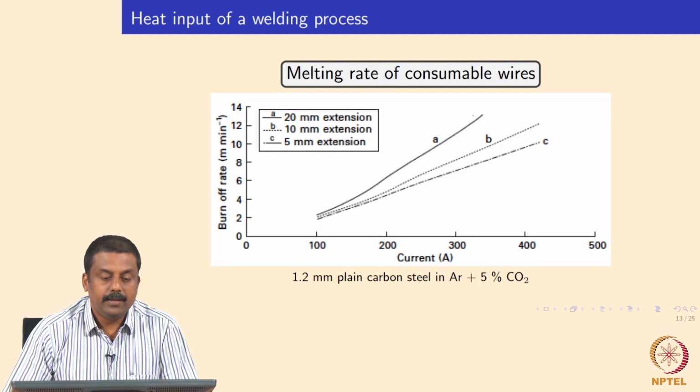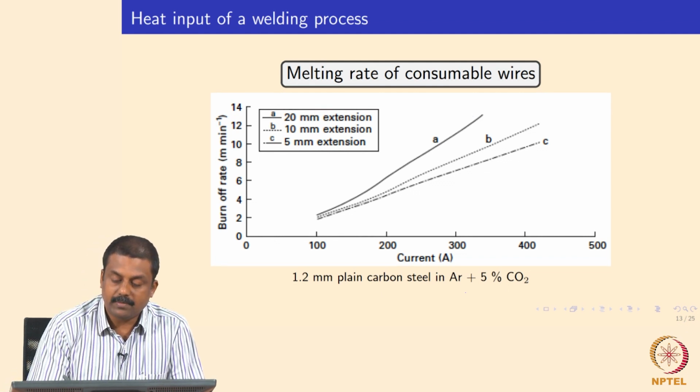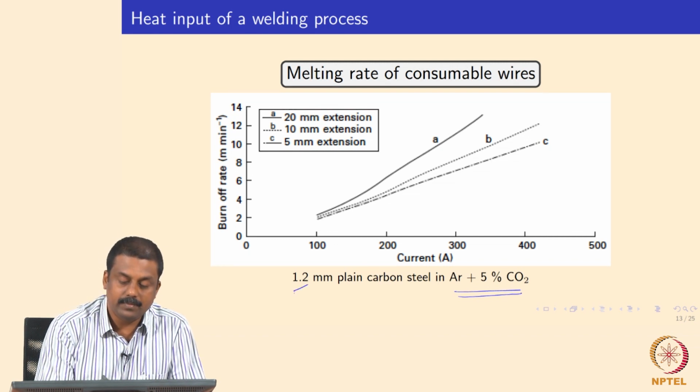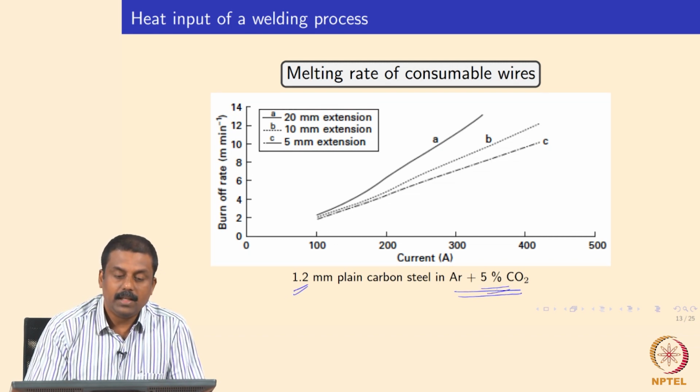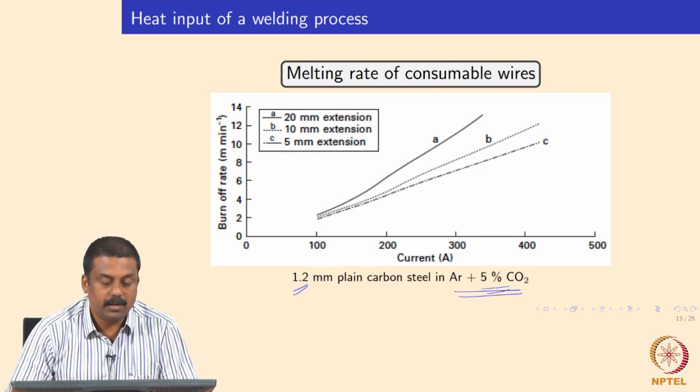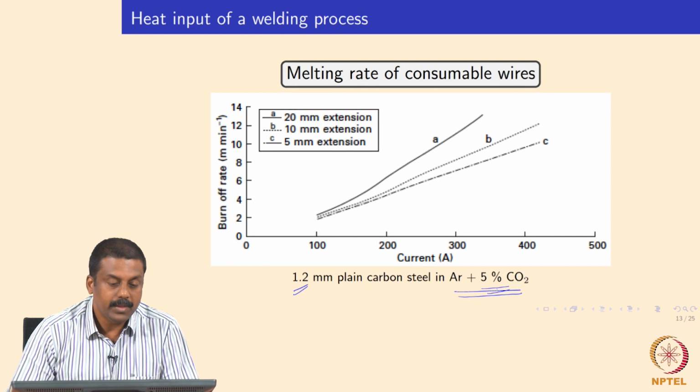So this graph shows the effect of the stick out length on the burn rate or the melting rate of 1.2 mm plain carbon steel in argon plus 5% CO2 atmosphere. As already explained, we fix the diameter, your shielding gas is fixed, and in this case these experiments were carried out in electrode positive conditions if you look at the reference book.